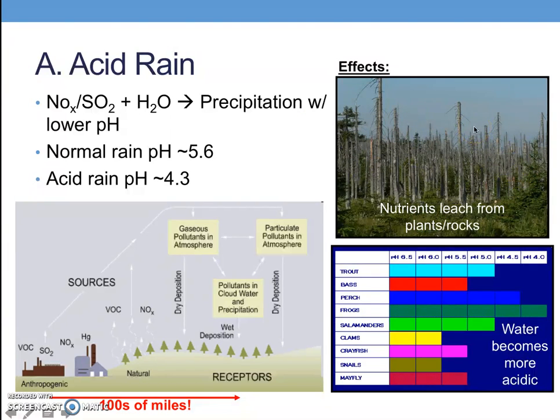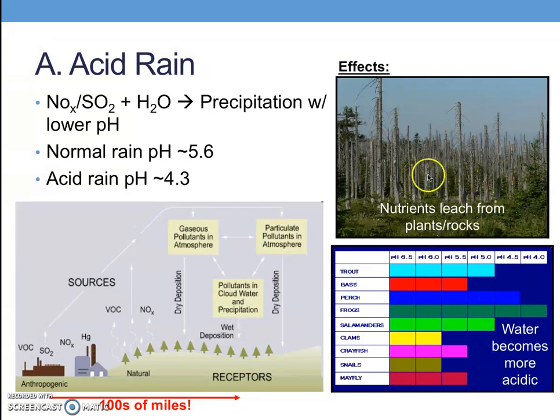It's not that acid has burned off the leaves, as you might first predict. It's that over a long period of time, acid rain has fallen and caused nutrients to leach out of these leaves, and therefore the plants will die because they've lost those nutrients. So obviously that can have devastating effects on that ecosystem.